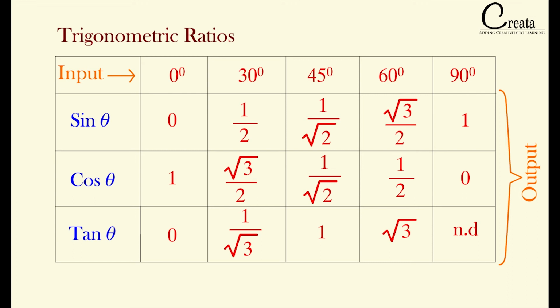Here 30 degree is the input and 1 by 2 is the output. You will observe that for every input of theta, like 0 degree, 30 degree, 45 degree, 60 degree or 90 degree, we are getting exactly one output value. This is the requirement of a function. So we can say trigonometric ratios are trigonometric functions.